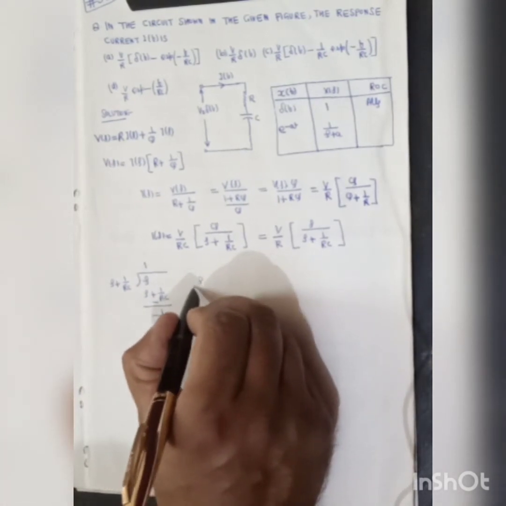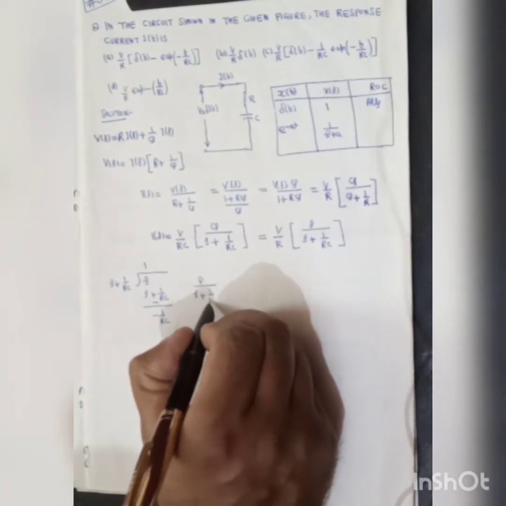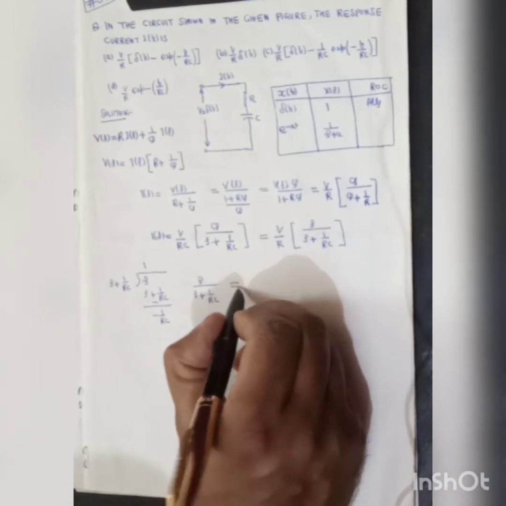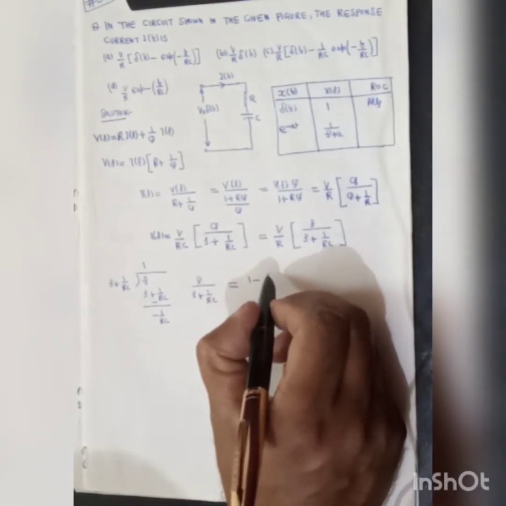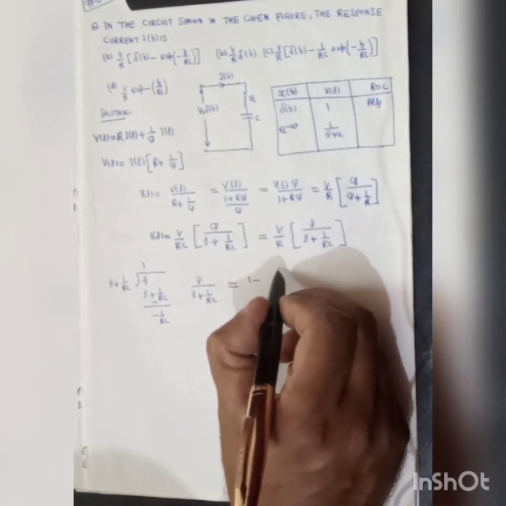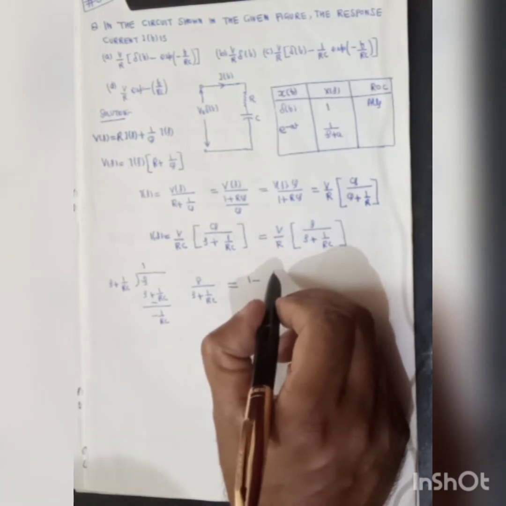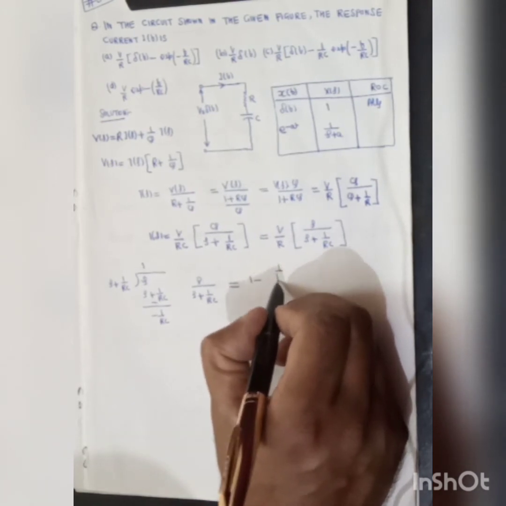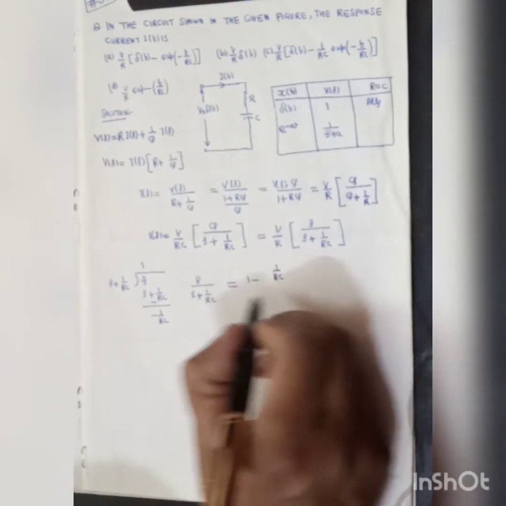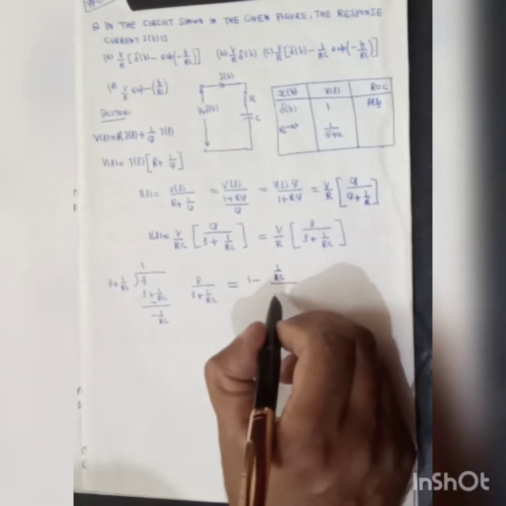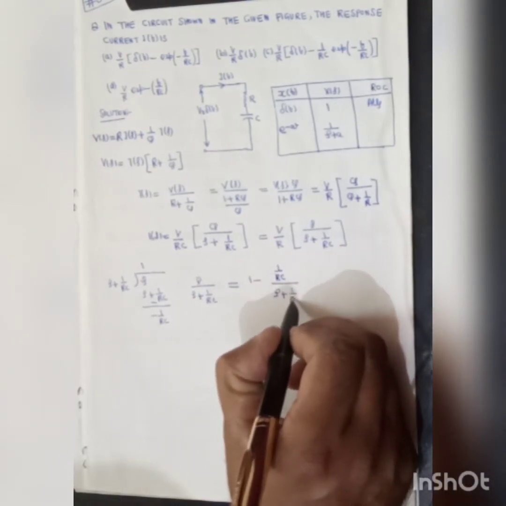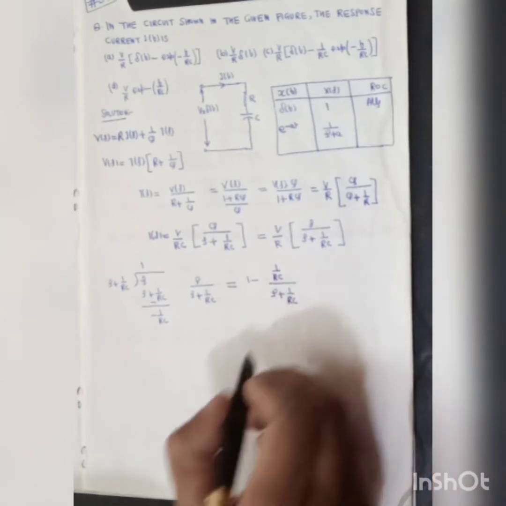So s divided by s plus 1 upon RC we can write as 1 minus 1 upon RC divided by s plus 1 upon RC.